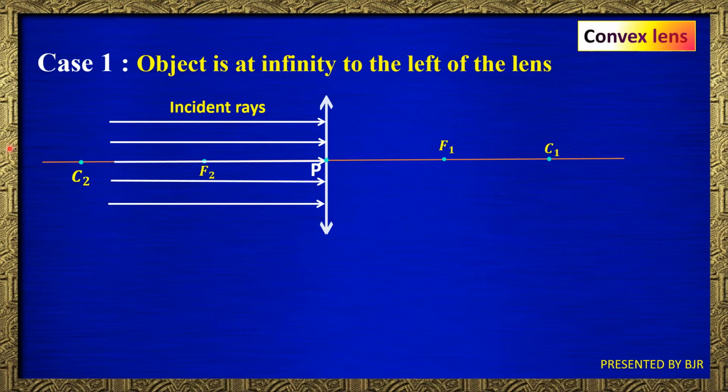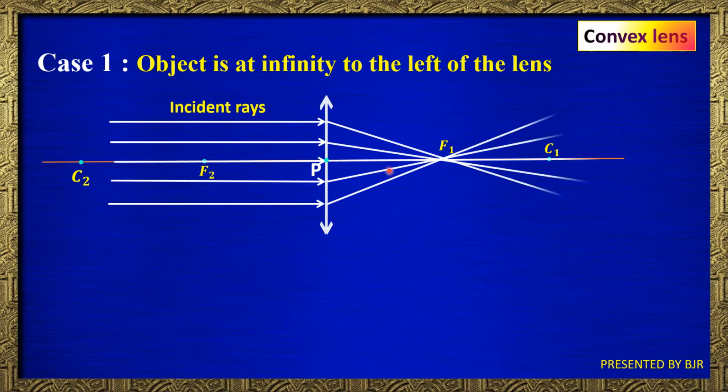When the rays from the object at infinity reach the lens, they become almost parallel to one another, and these parallel rays fall on the lens at different positions. You know that this is the first ray which is parallel to the principal axis. After refraction it will pass through the focal point. So all the rays will pass through the focal point after refraction.